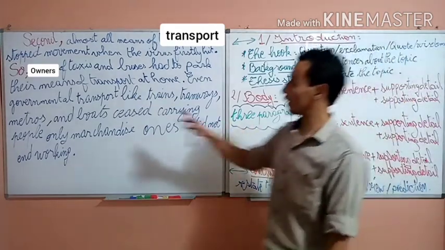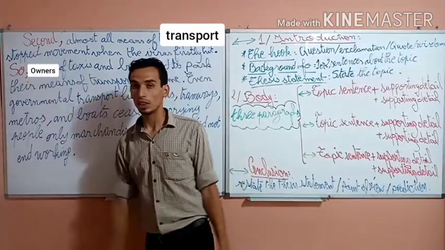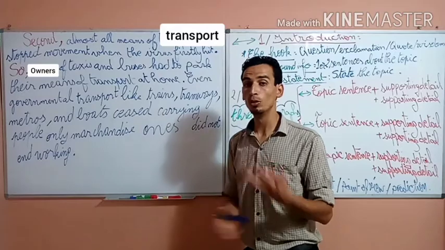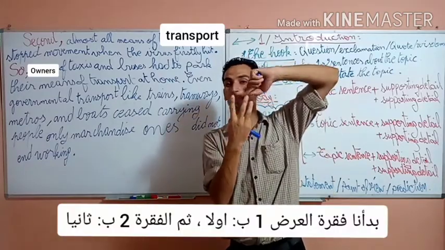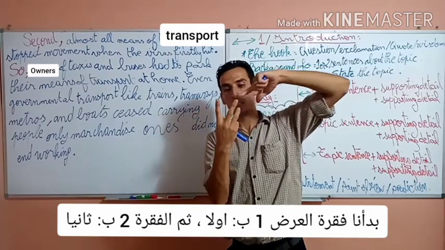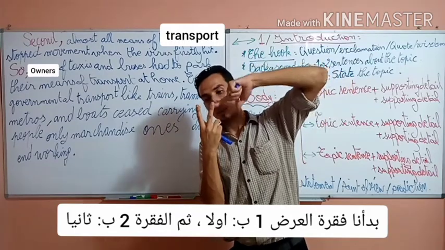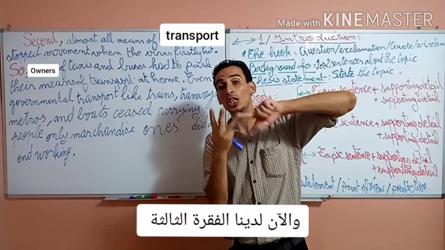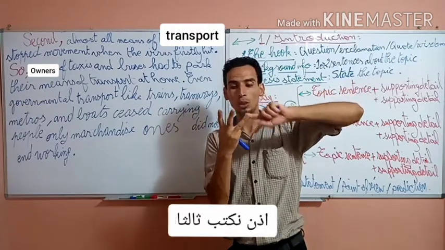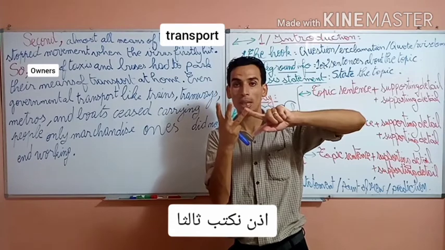So we start here with second. Now we move to number 3. We started body paragraph number 1 with first, body paragraph number 2 with second, and now we have the third body paragraph, so we need to put third.